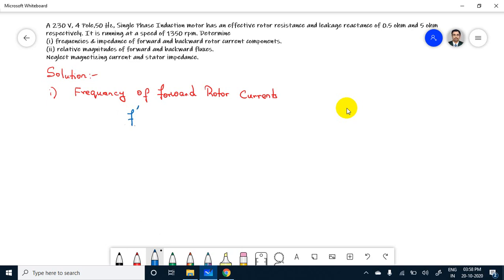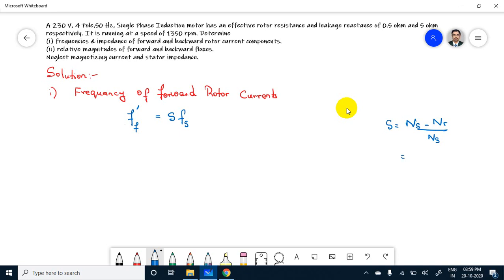Since it is forward, F dash f equal to slip s into Fs. We know Fs, but the slip value is not available in the problem. So how to calculate the slip? We know that s equal to Ns minus Nr by Ns.